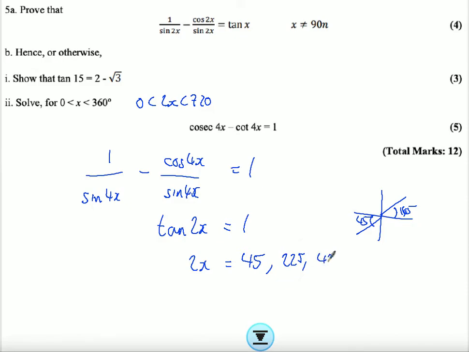So we'll go for 405, and we'll also go for 585. The next one would be 765, which is greater than 720. And then just halve everything, so 22.5, 112.5, 202.5, and 292.5.